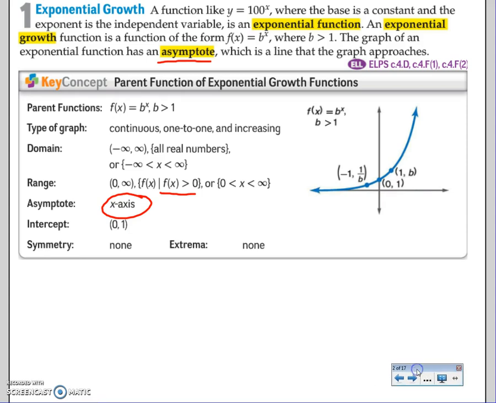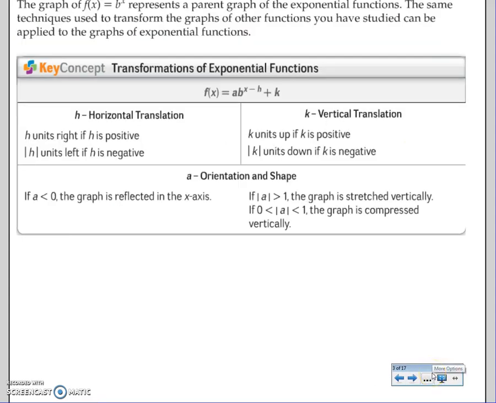Now the way I want you to approach this is like this. Our format is the same as before. And all the transformation techniques we've done for up, down, left, right, taller, wider, flipped or not, still are the same. So we have a, h and k. They all do the same thing. So let's start with h. H goes left and right. So it shifts it left to right.